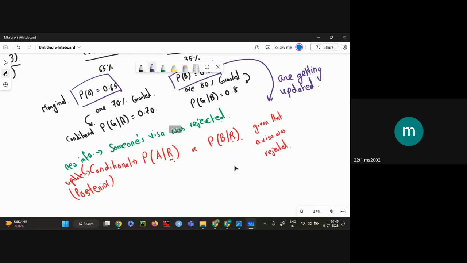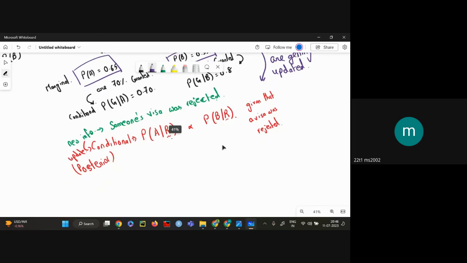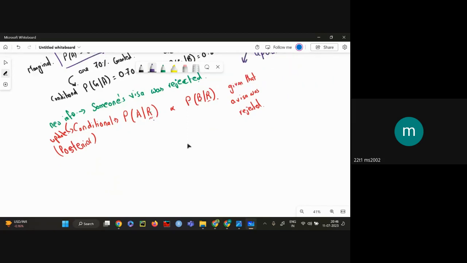So this is the problem. Now tell me, how will you find out the probability of A given R? What is the Bayes rule for this? Because now it's a posterior probability. If you want to find a posterior probability given past information or prior probabilities, how will you write this?